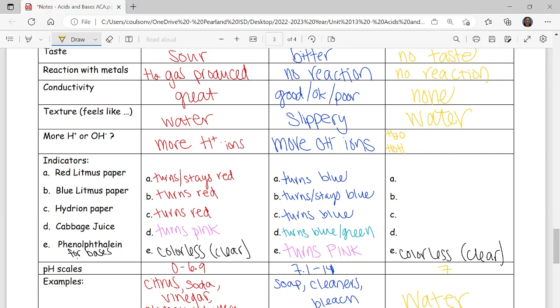Raise your hand if you think hydroxide. Would water have more hydrogen ions, more hydroxide ions, or neither/both? Raise your hand if you think that they are perfectly equal all the time, every single time. Be confident in your answers, you guys.